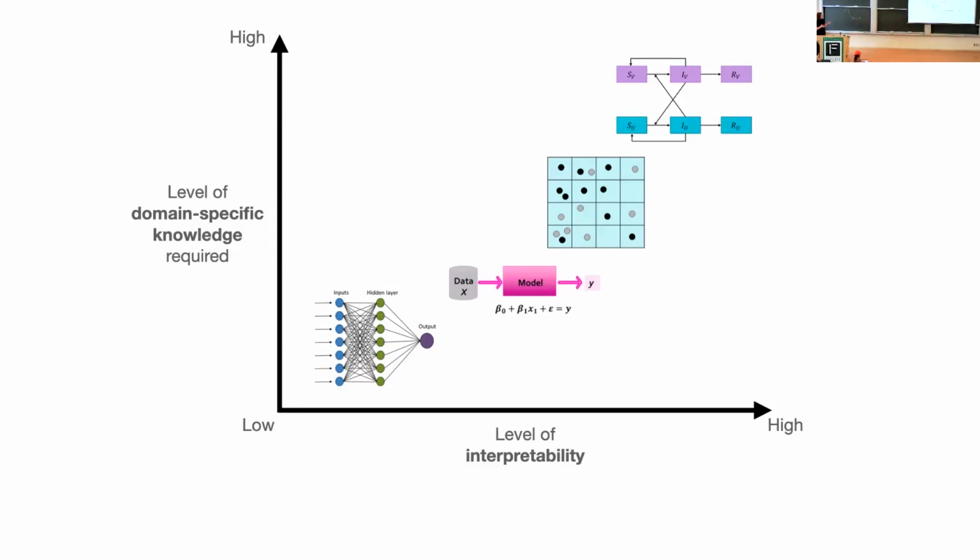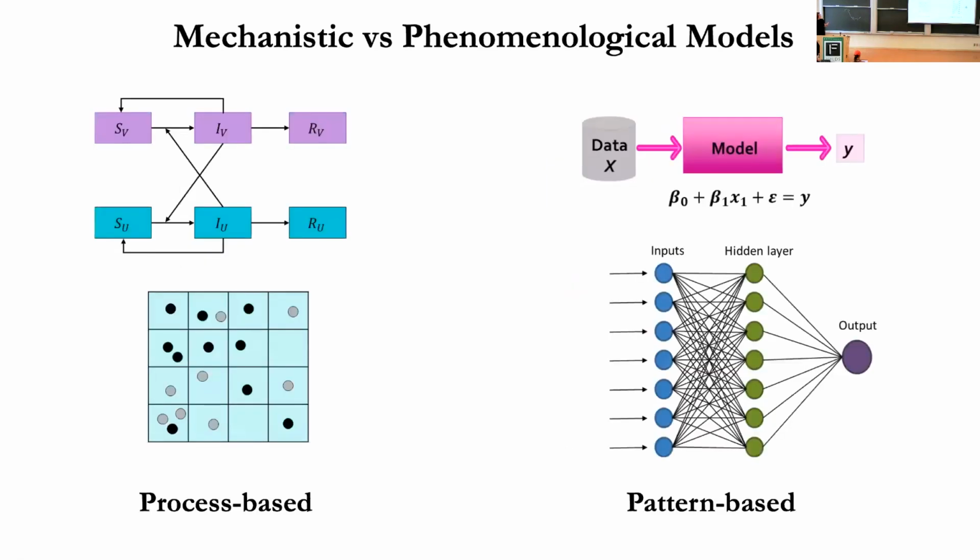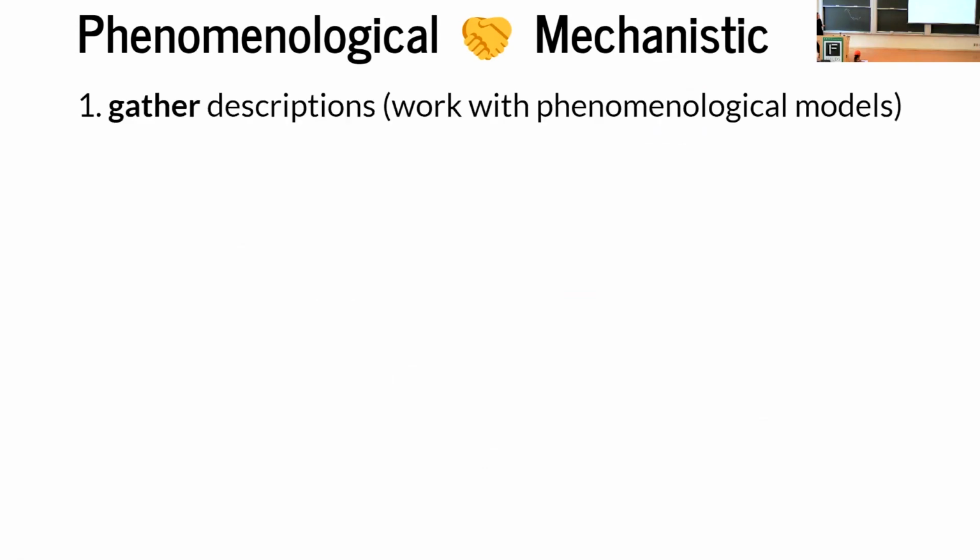Okay, so we've set this up, at least from this slide, as a versus. But what I want to say here too is that it's not one or the other, and it doesn't have to be one or the other. They actually have a bit of a symbiotic relationship, both in the modeling process and more explicitly. If we think about the modeling process, you might gather descriptions of the system you're working with, perhaps do some phenomenological modeling to get a better handle on what the important mechanisms, variables and effect sizes are.